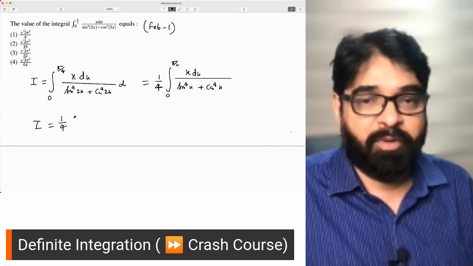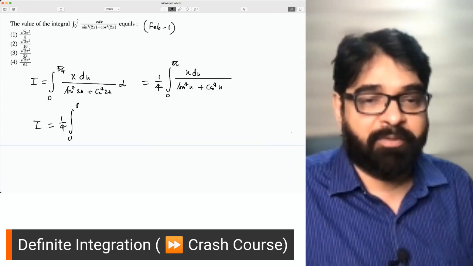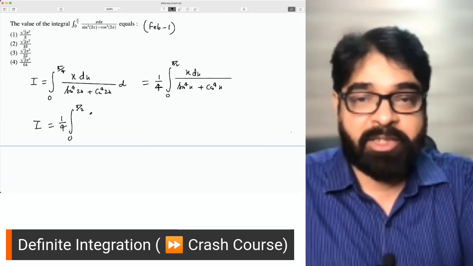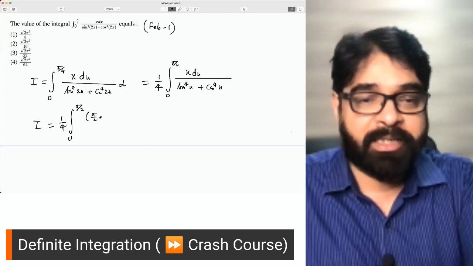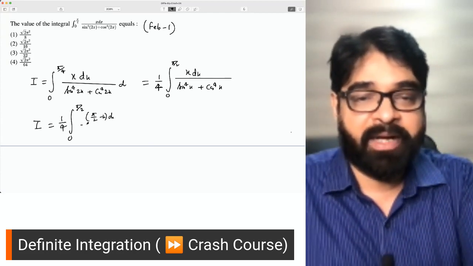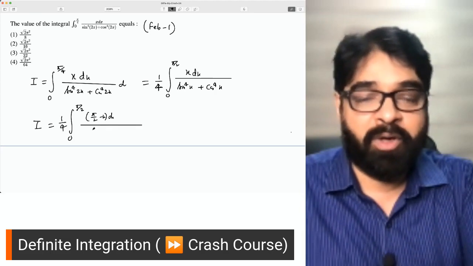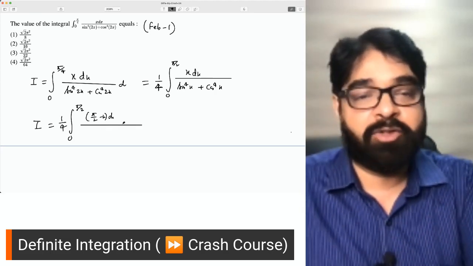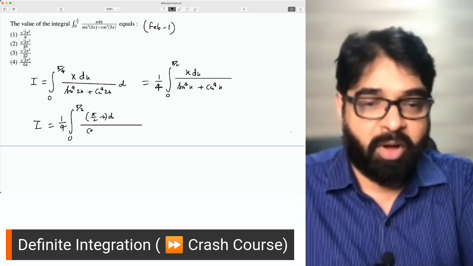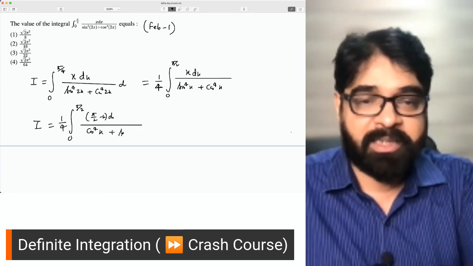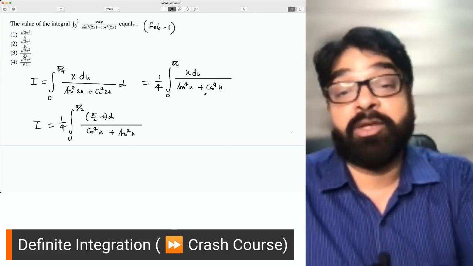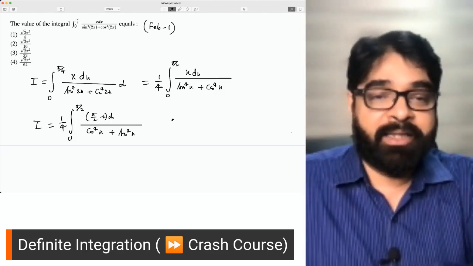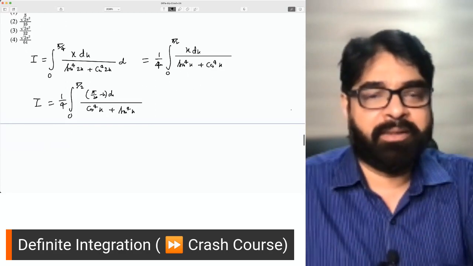So it will be 1 by 4, 0 to pi by 2, x replaced by pi by 2 minus x, dx divided by sine power 4 of pi by 2 minus x. Sine of pi by 2 minus x will become cos x, so cos power 4x plus sine power 4x, because cos of pi by 2 minus x is also sine x. These two I can add, or no need, just multiply.